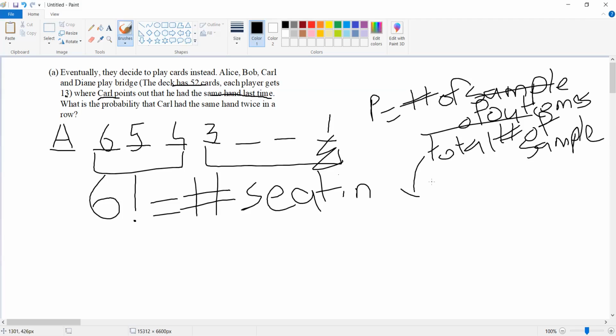So I'm going to solve this part first. We have 52 cards, of which a player gets 13 cards. How many possible combinations could we have of a person getting one hand?